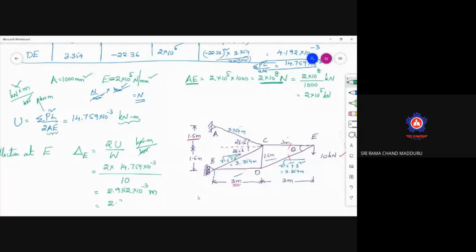So 2.952 into 10 power minus 3 meters. 1 meter is 1000 mm, so into 1000. 10 power minus 3 into 10 power 3 is 1 only, which gives 2.952 mm. This is the answer. The vertical deflection at E is 2.952 mm.